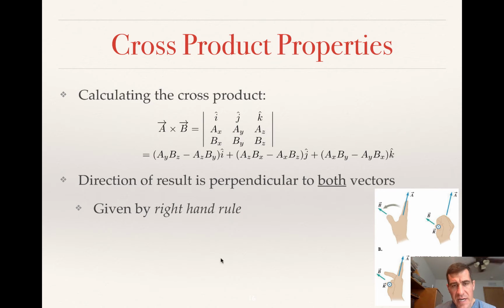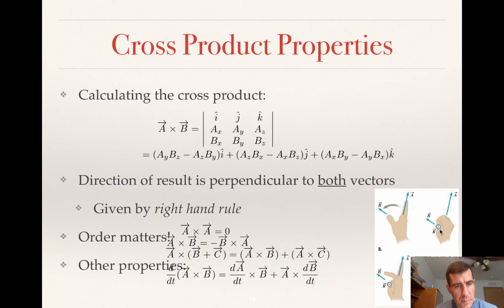You can find it by the right-hand rule. The way I like to do the right-hand rule is shown on the top here in the image from your book. If we have vector A cross product with vector B, point your fingers in the direction of vector A. You bend your fingers in the direction of vector B, and then your thumb gives the direction of the resulting cross product between these two.